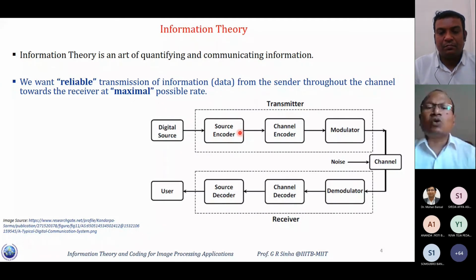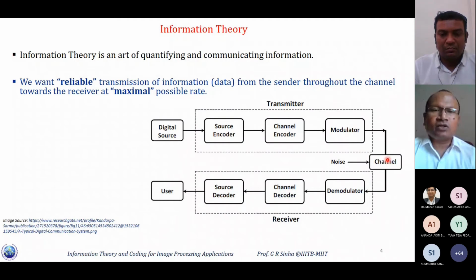You may use source encoding technique. You can encode your data into different formats so that intelligence or security can be provided, and the channel encoder has its own advantages. Then you modulate the signal, it goes to the channel. You know that in the channel, a lot of noise and interference are added. But I'm not going into the details of the communication, the noise, the channel interference.